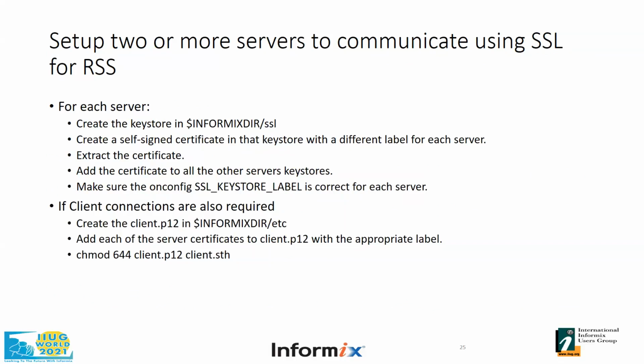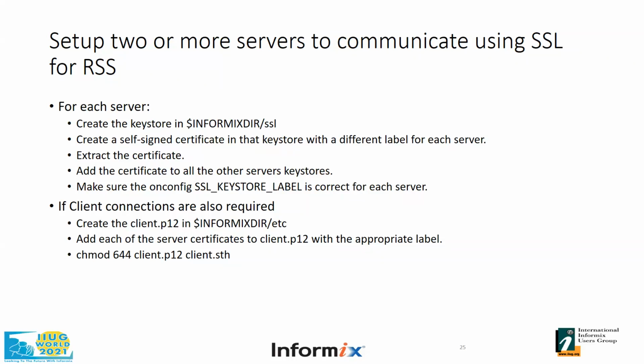Again, this is essentially using self-signed certificates, and we essentially end up with pairs of certificates that come from the server, and when you extract it, you get the client side of that certificate. Okay, so you end up with all these pairs, and you have to distribute all of your certificates into the server key store.